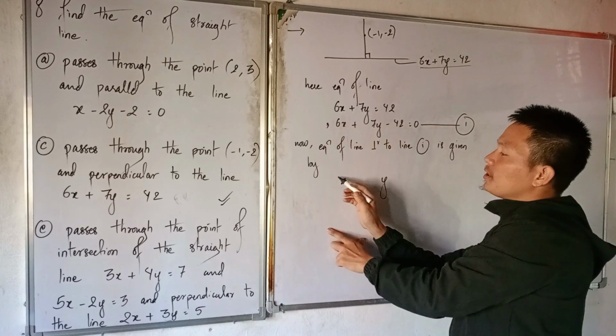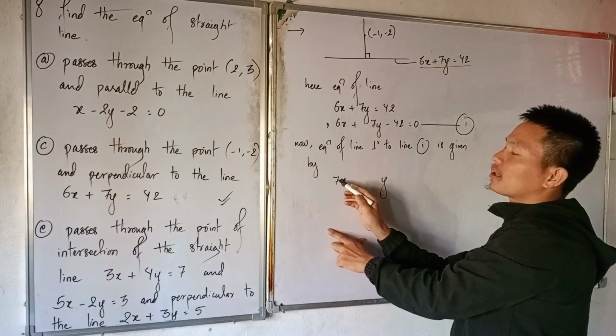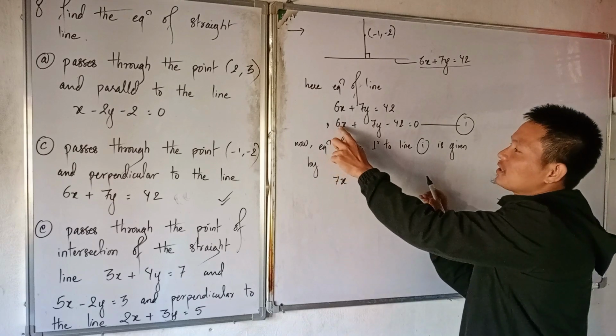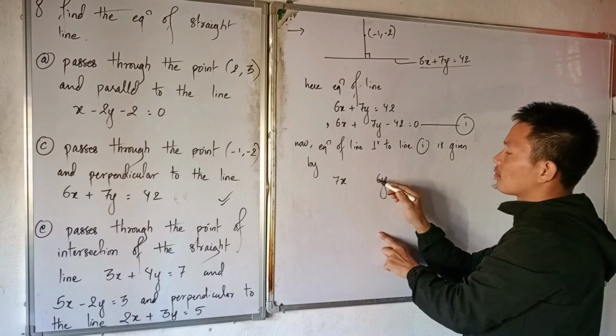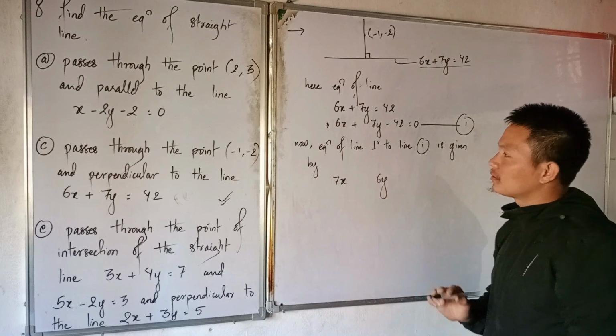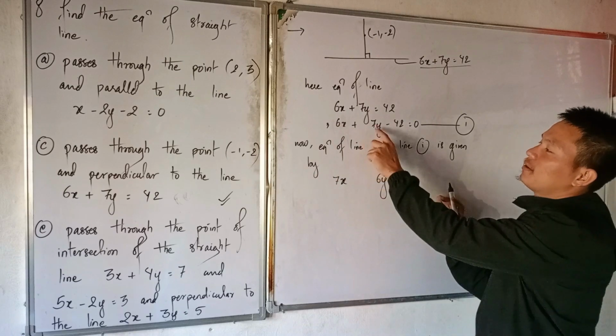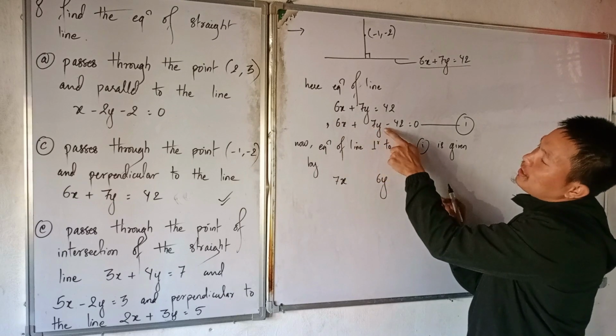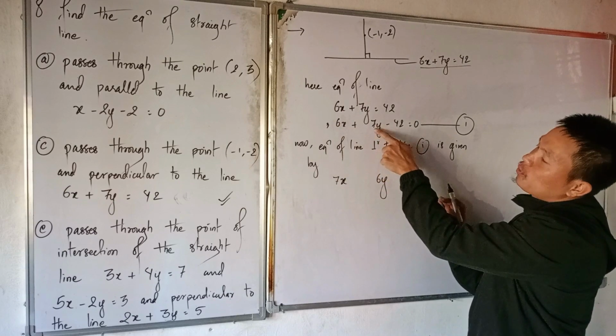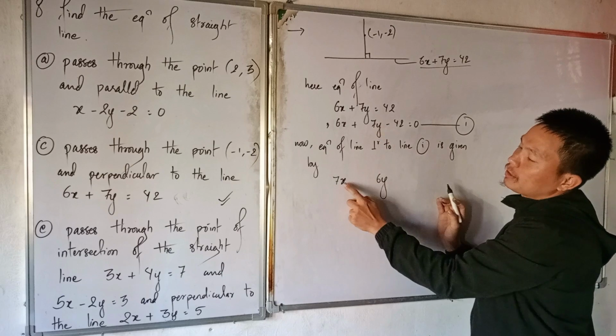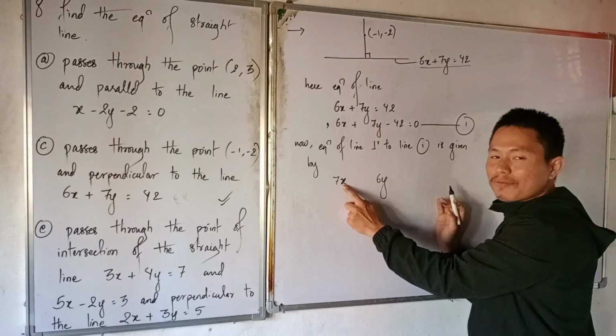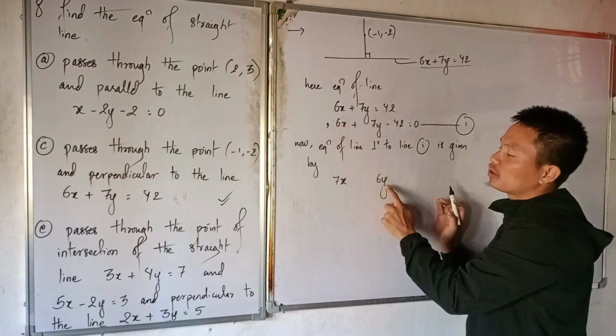Now 7 will be the coefficient of x and 6 will be the coefficient of y. In the previous line, 7 was the coefficient of y. Now here the 7 will be the coefficient of x and 6 will be the coefficient of y.